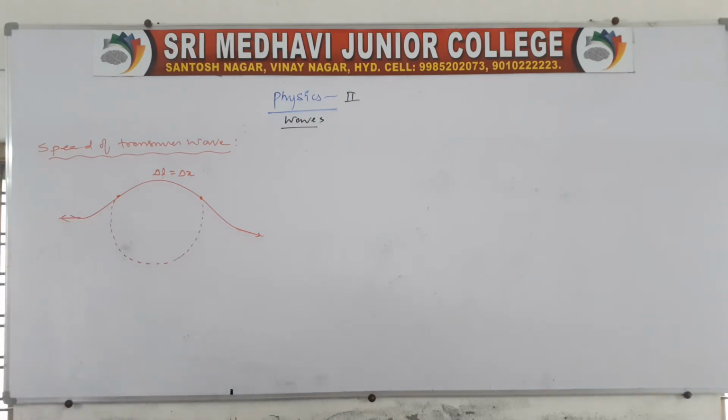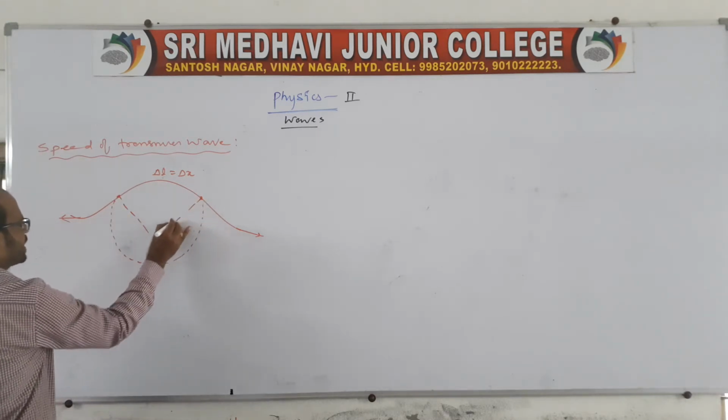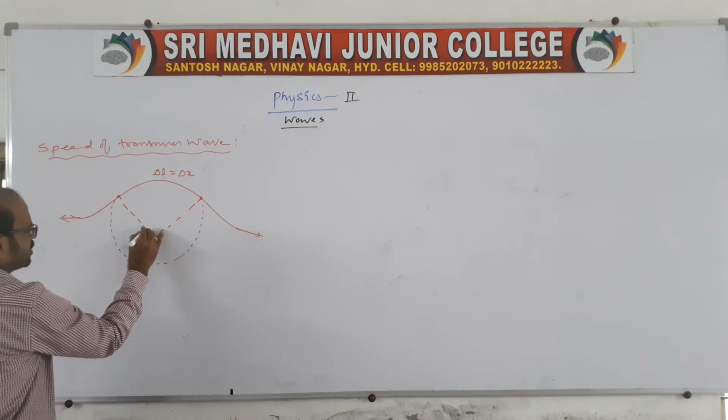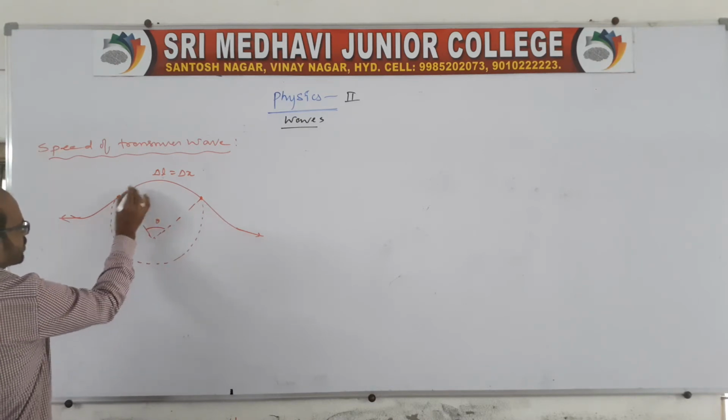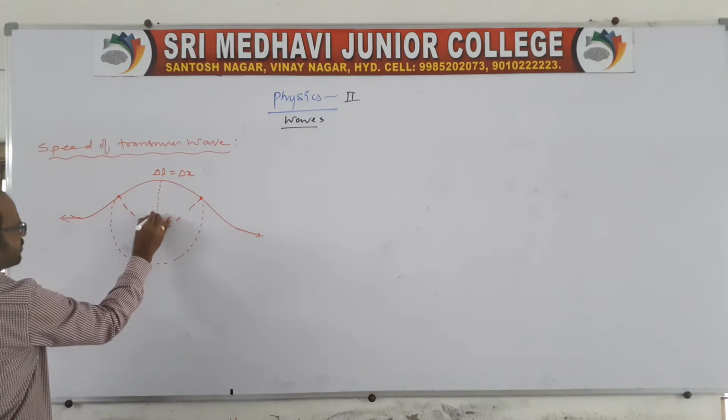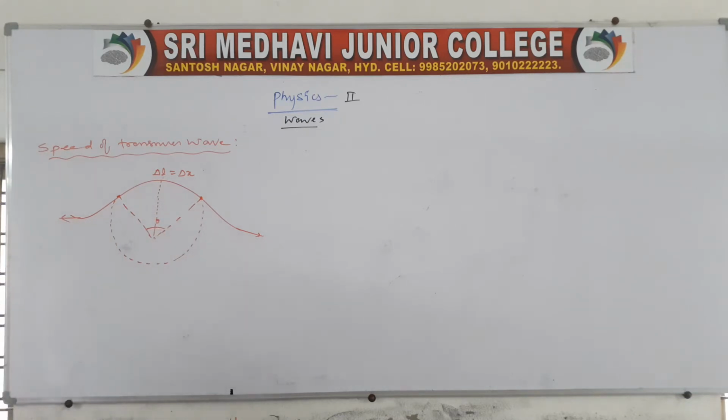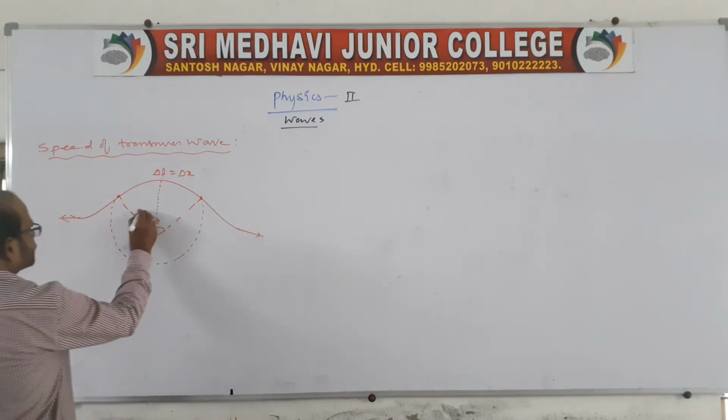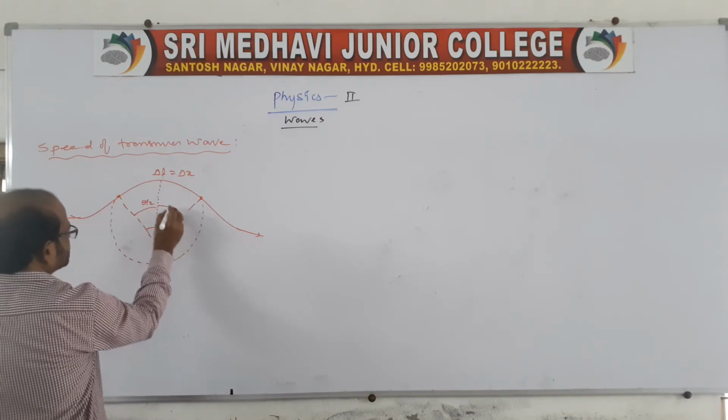Now, by using this information, we should get the speed. At this point, the angle made at the center of the circle will be theta. From this, you draw a line, halving it, which is represented as theta by 2, and this is also theta by 2.